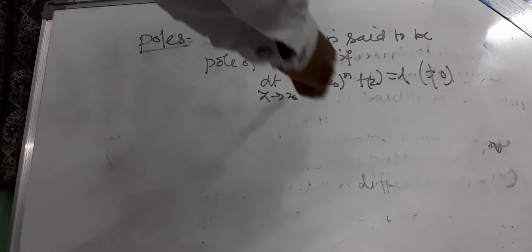The point z0 is said to be a pole of order n if the limit as z tends to z0 of (z minus z0) to the power n times f(z) equals L, which is not equal to 0. Then that is said to be the pole at z0.